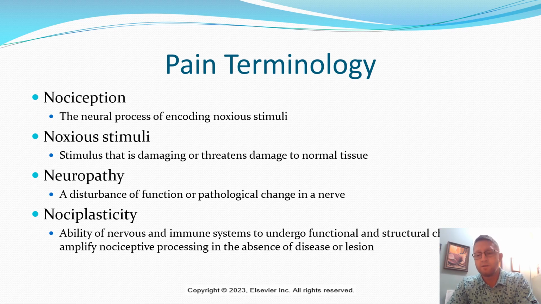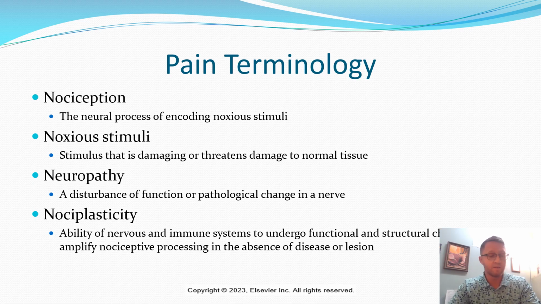So some of the terminology that you need to be familiar with for this chapter includes nociception, so the neural process of encoding noxious stimuli. And we're going to describe noxious stimuli here in a second. But it's important to understand what nociception really means, and that's the sensory process through which the nervous system detects and transmits signals about potentially harmful or damaging stimuli, such as noxious stimulus.